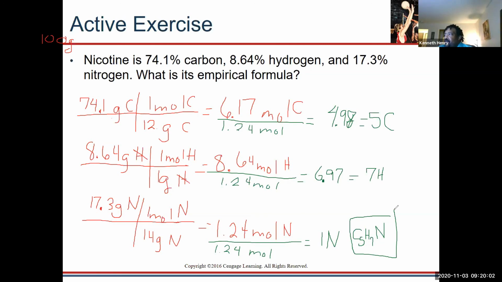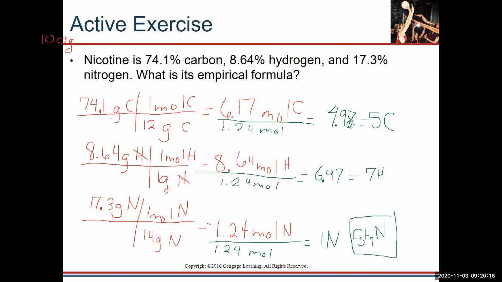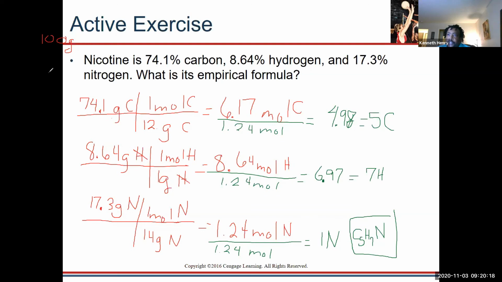Since these are 4.98, that's pretty close to 5, right? That's 0.02 off. So that's 5. That's not going to make a difference. But if it's 0.9, you're going to round up.